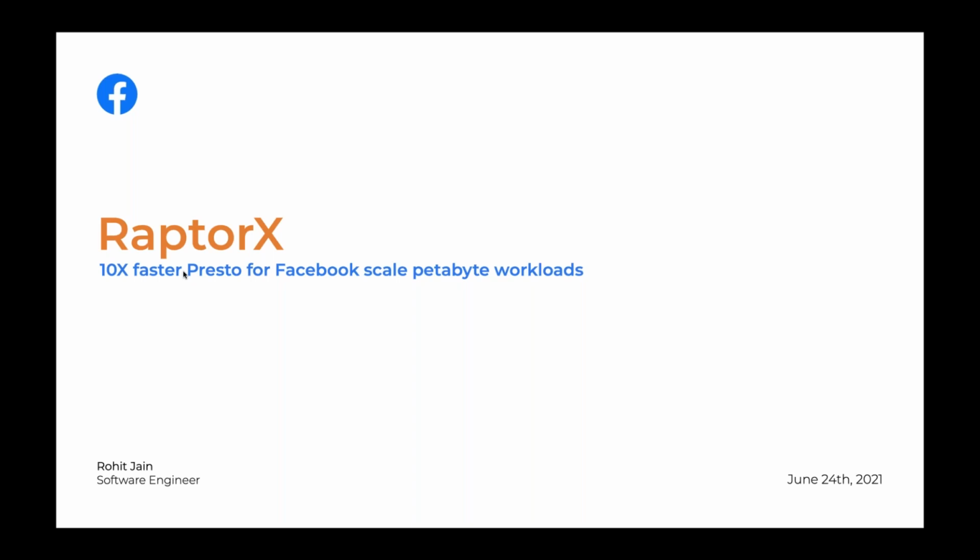And one of the primary things which we have done is to implement hierarchical caching, and we have been able to achieve 10x improvements for the Facebook scale of petabytes and exabytes of workload.